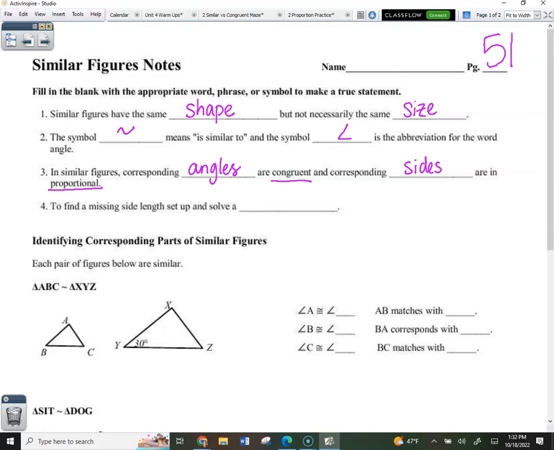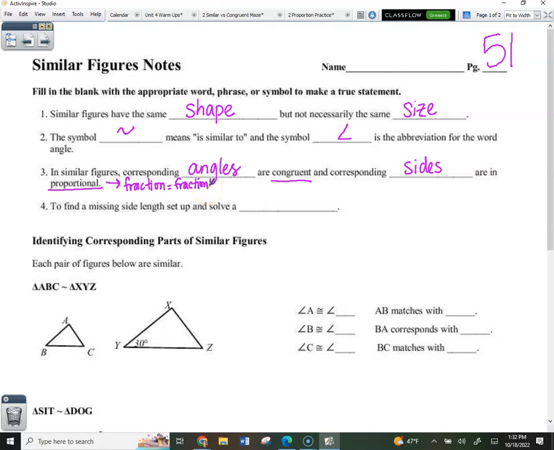A proportion, remember, is a fraction equals a fraction.